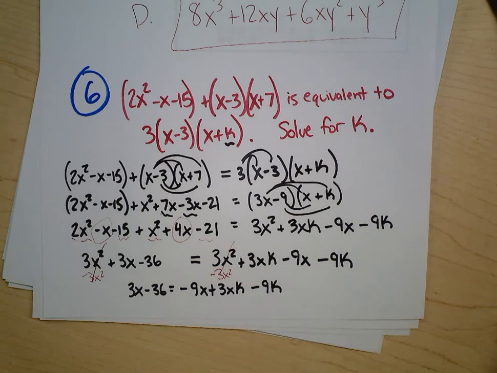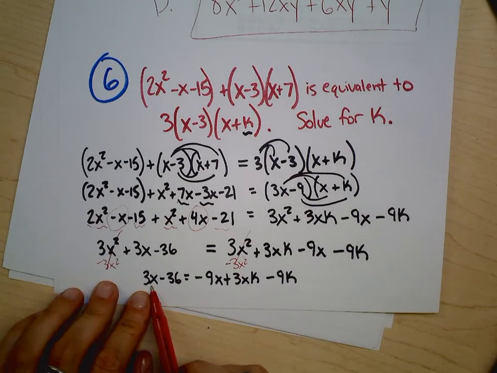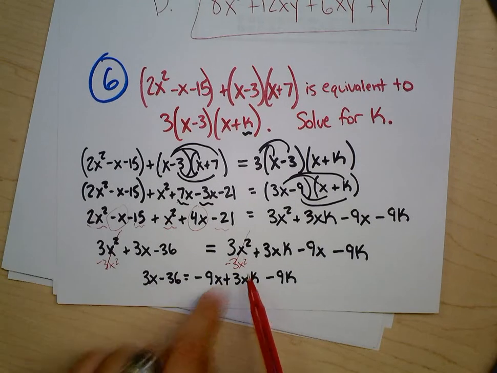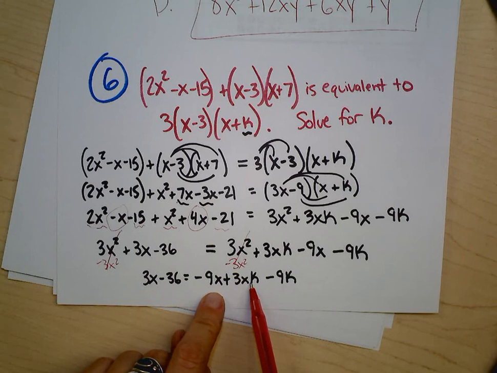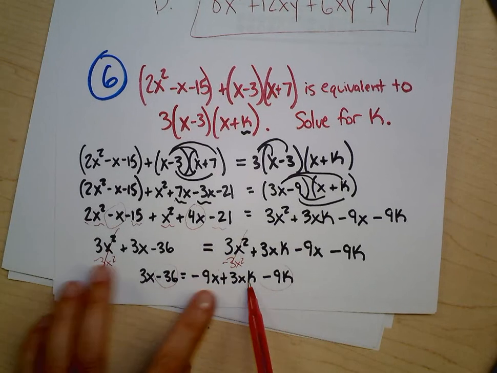Okay, so here's how I would do this. I know this has an x, right? And these two have x's. So the only ones without x's are the negative 36 and the negative 9k. Now, if I wanted, I could factor out an x here.